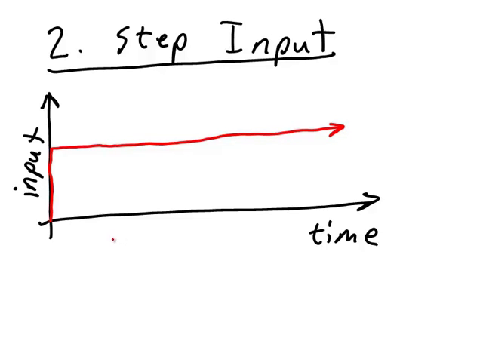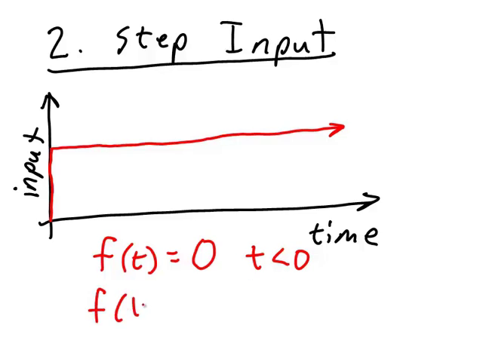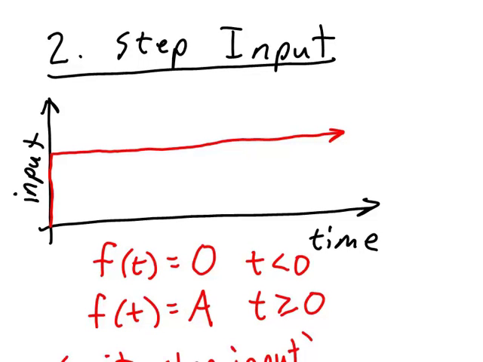For the step input, the value of the function f of t is equal to 0 when time is less than 0, and the function is equal to a when time is greater than or equal to 0. The Laplace transform of a step input is a over s if the value of the step input is a.